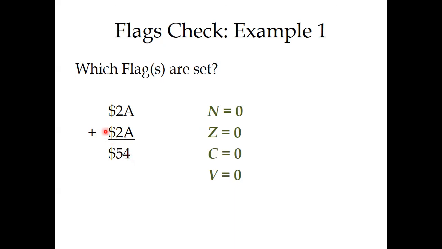Because both of these numbers are positive, right? This is a positive number, this is a positive number, this is also a positive number. So it did not fall into any of the 4 categories we have for addition and subtraction. Okay? So basically, all of the flags are cleared, which is also an answer, meaning you have to tell which flags are set and which are not. Any question here?